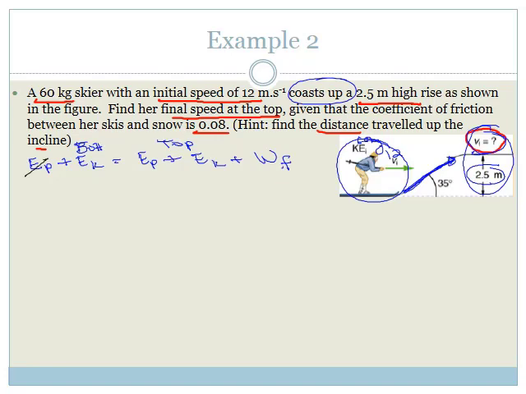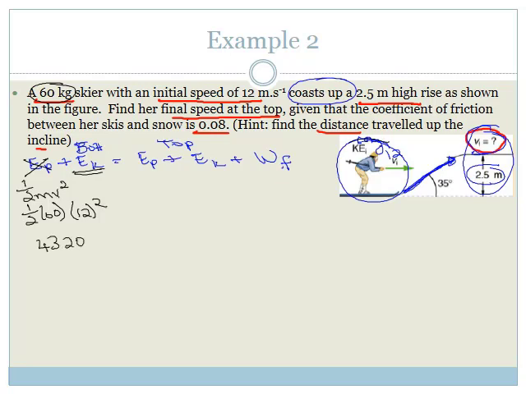Because she has no height, there's no potential energy, so she just has kinetic energy. So kinetic energy is a half mv squared, which is a half times her mass of 60 kgs times her initial velocity of 12 squared, which becomes, let's work it out, 30 times 144, which becomes 4,320 joules.